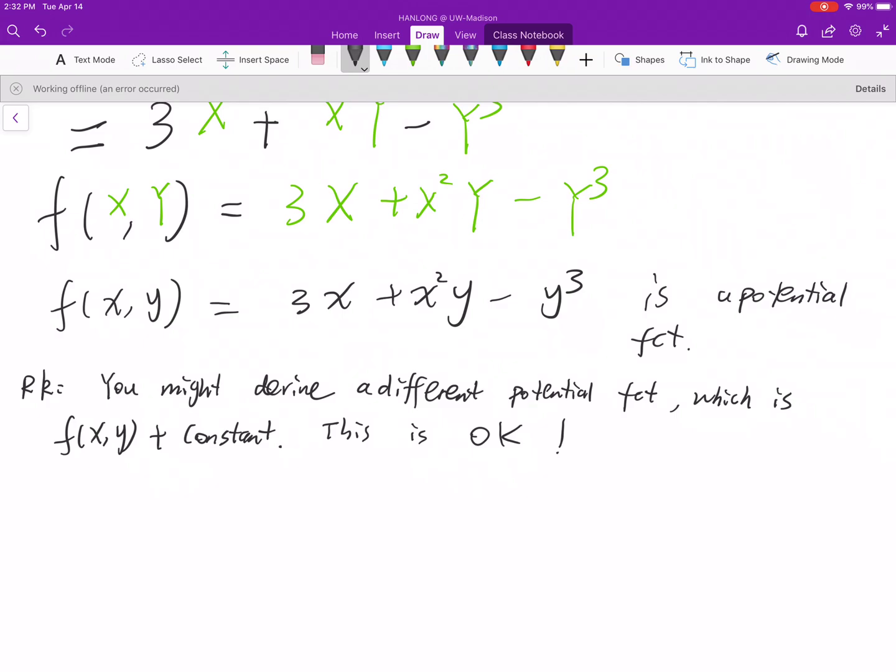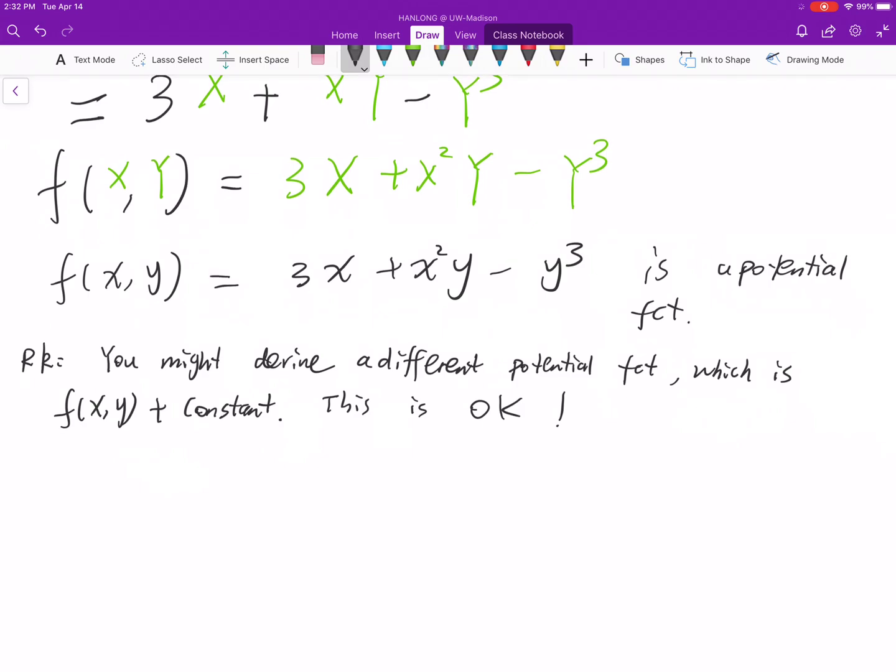Because we showed before, for a potential function, if you add or subtract a constant and then take the gradient, it still gives you the same gradient vector field, or conservative vector field. So the potential function is not unique. Just like the indefinite integral, the antiderivative is not unique. They are unique up to a constant.